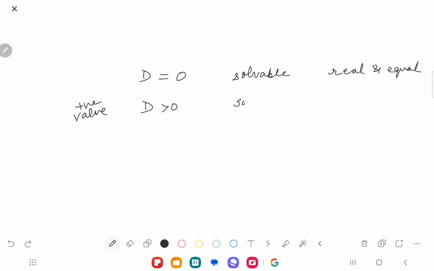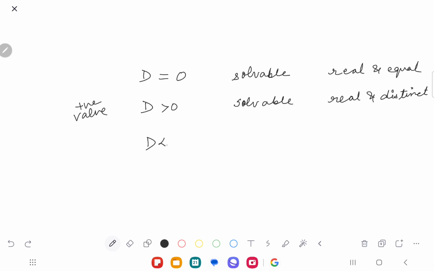So what do we conclude? If the discriminant is 0, I will say the equation is solvable and the roots will be real and equal roots. Both values of x shall be the same. If the discriminant is greater than 0, that means it is some positive value, you will say the equation is solvable, but the roots shall be real and distinct.